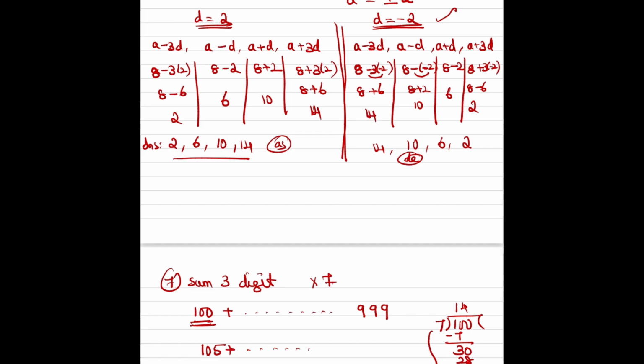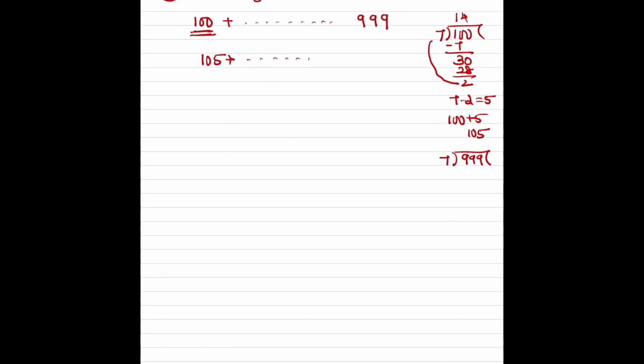Then now we are going to do 999. We are going to check whether 999 is divisible by 7 or not. 7 table: 1 seven is 7, 2, bring down this 9, 4 sevens are 28, 1, 9, 2 sevens are 14, 5 is the remainder.